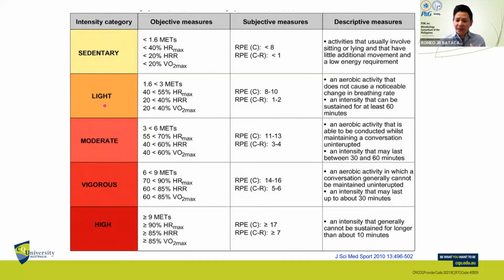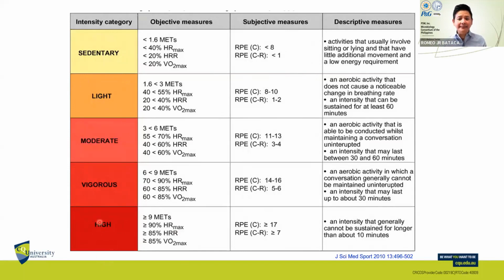So why is there growing interest in these two forms of exercise? Many people often find it more attractive or more attainable to perform light intensity activities than moderate intensity activities.